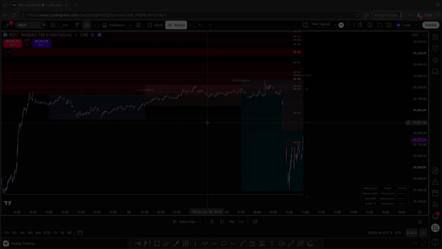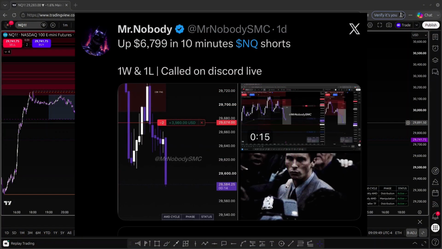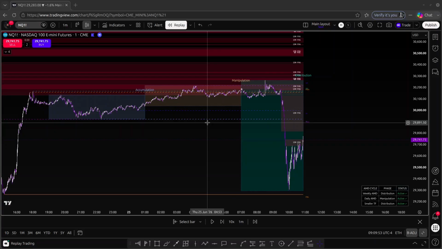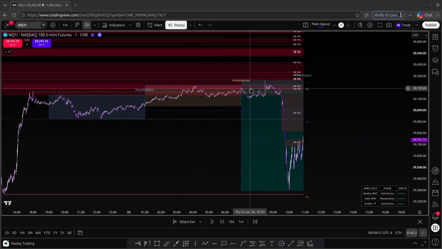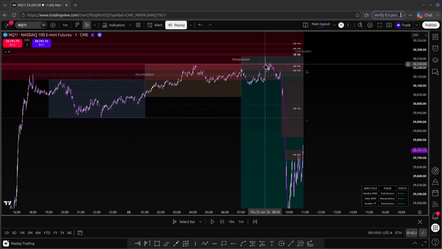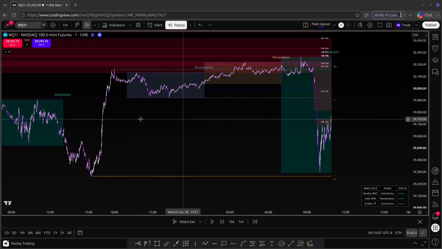And to get into the last trade of the week, we're going to get into the context behind the market maker model in order for you to understand my actual entry and the logic behind it. So in the morning, I saw these. However, I completely ignored the fact that we manipulated London high, sorry, and then we were going to distribute, right? I obviously understood these massive draws on liquidity.